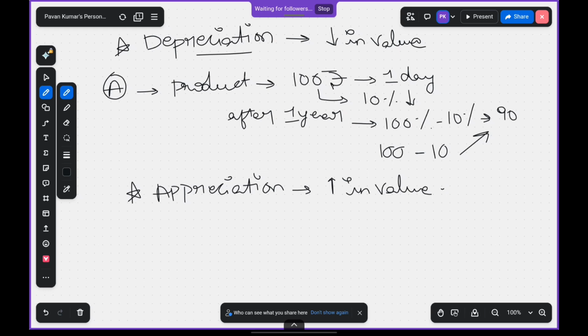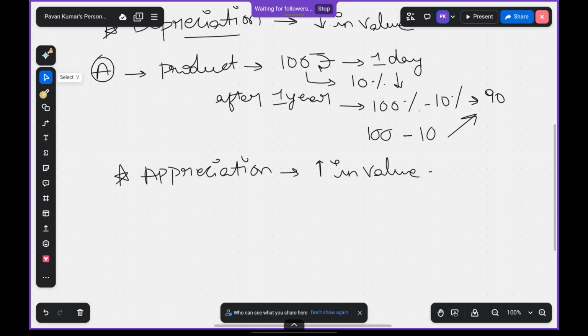Let's take the same example again in a different form. Nothing much, but we will just be repeating the same example but changing the values by applying this appreciation concept. When depreciation is a reduction in the value, it has reduced by 10%.